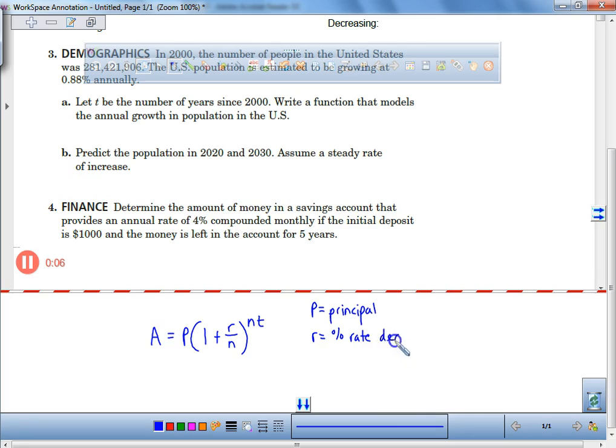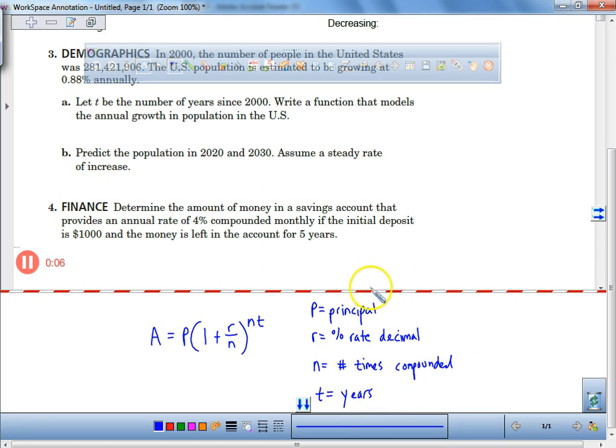We have to put it as a decimal. N equals the number of times it's compounded in a year, and T represents your years.